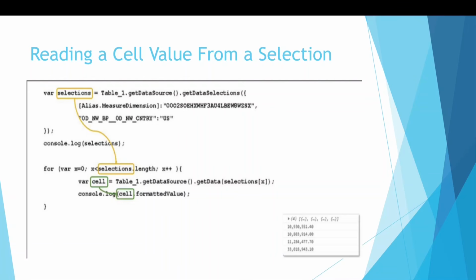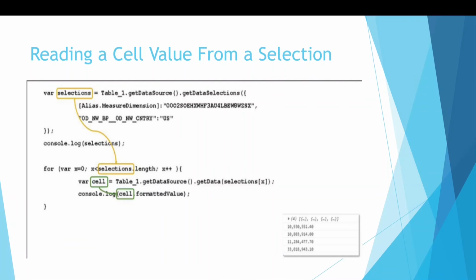As you have explored, we got the selections, we have the value in this particular example. We got the values of the result set of the data selection by using the get data selections function. We got the values into the variable selection.